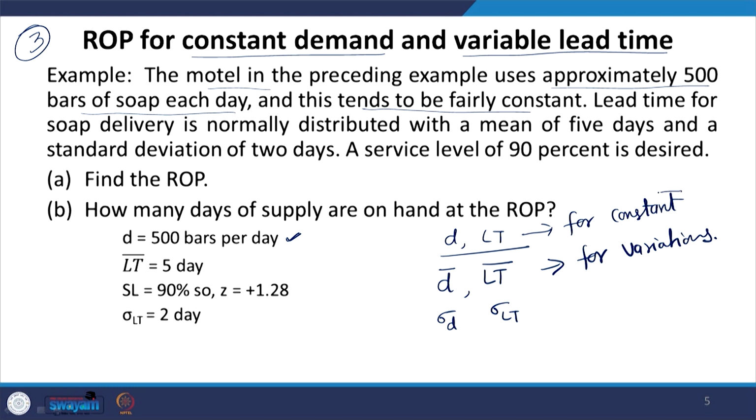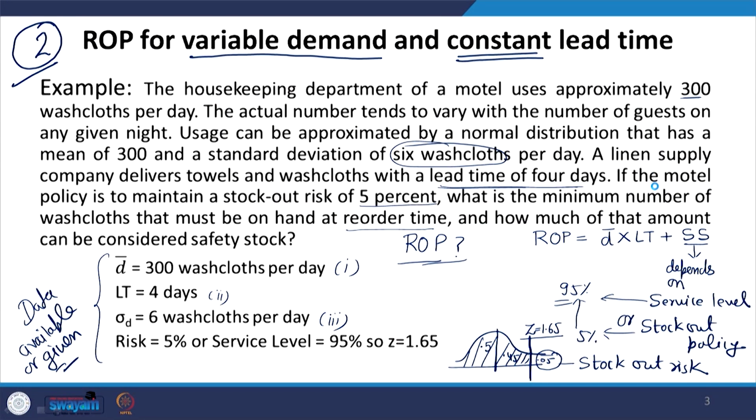So, you can understand how we write. In the previous case our daily demand was variable, so we wrote D bar. If you go back to the previous slides, you can see that we wrote D bar and LT without any bar, because it was given as a constant value.